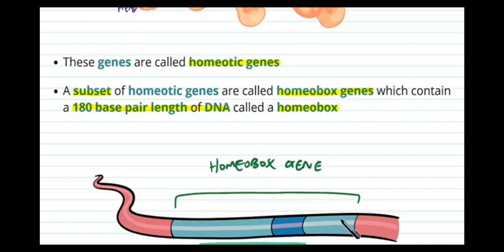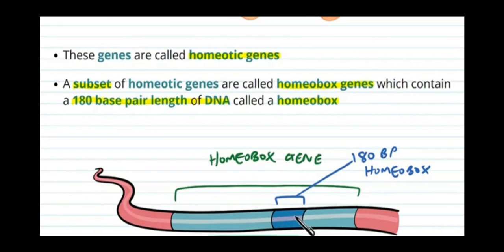and these homeobox genes contain certain reserved sequences of about 180 base pair length of DNA, and these 180 base pair length of DNA are called the homeobox.